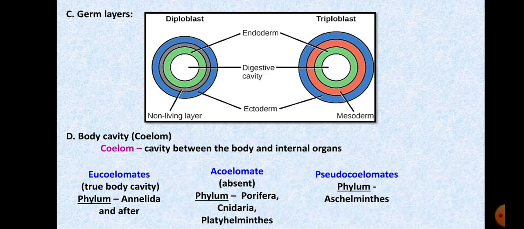The ones with the true body cavity are eucoelomates. The ones that do not show presence of a body cavity are acoelomates, that is, coelom is absent, cavity is absent. And pseudocoelomate is not actually true, but it is not absent either. I hope this characteristic is understood by you all.